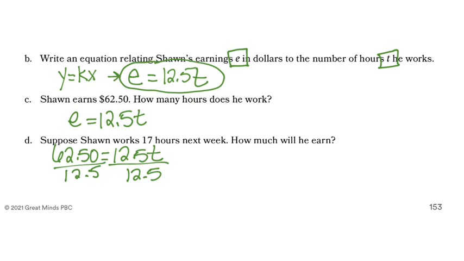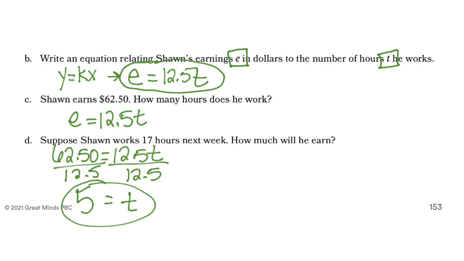So that would have us moving the decimal one time. It would be 625 divided by 125, which would give us T on this side, because 12.5 divided by 12.5 is T. And 62.50 divided by 12.5 is 5. So he needs to work 5 hours to get $62.50.